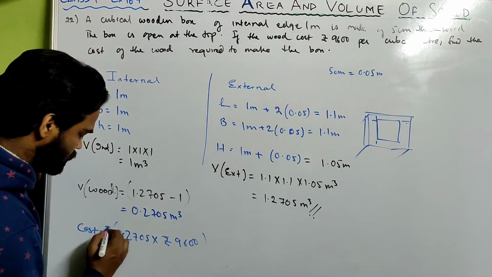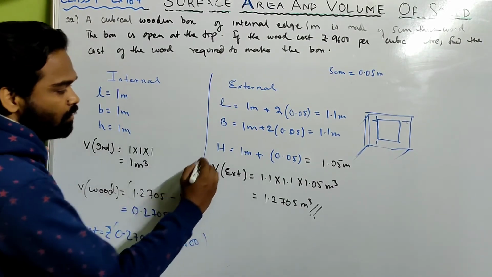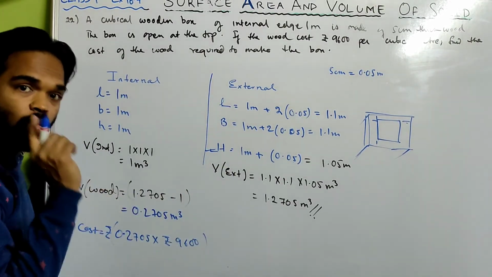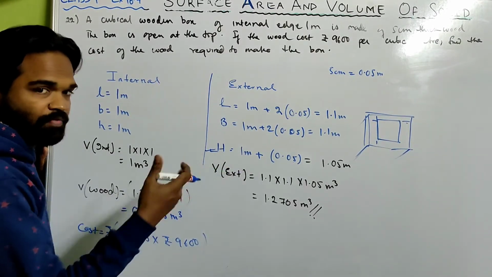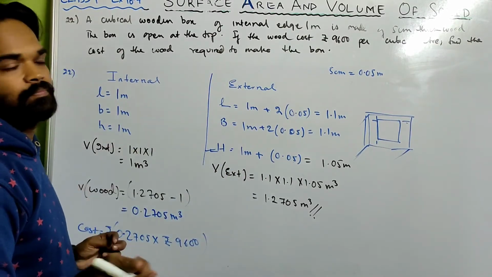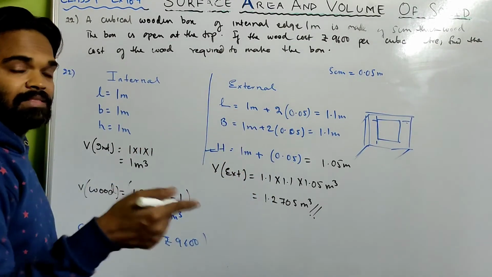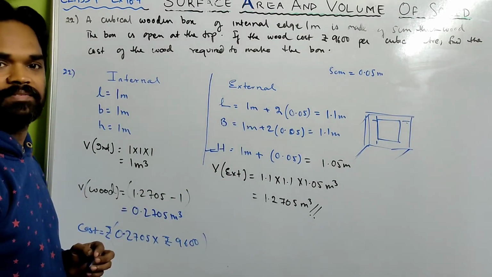Just multiply this, you'll get the answer. Done. The most important part was, in case of the open box, if you're finding the external height, it will be internal plus 1 times the thickness, while the length and the breadth will be 1 plus twice the thickness.